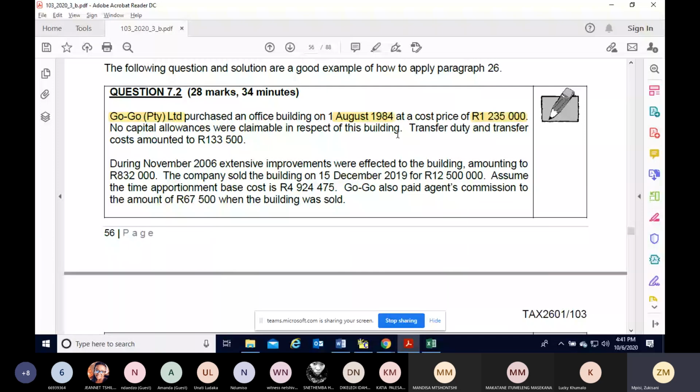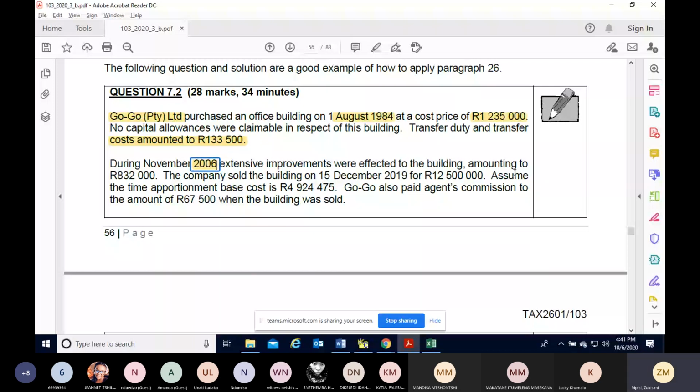The transfer duty amounted to 133,500. During November 2006, improvements were effected. Please note, these improvements happened post 2001. Improvements to the building amounted to 832,000.